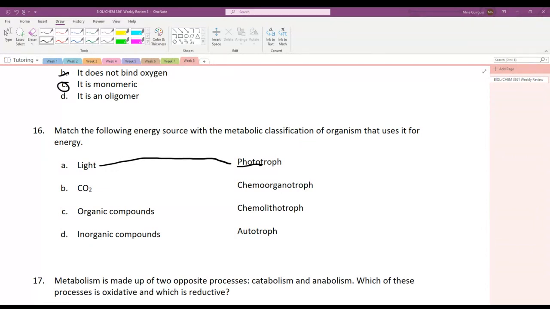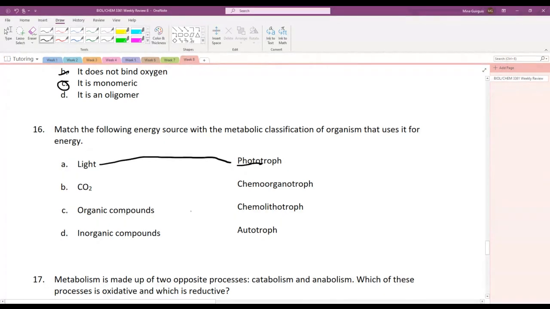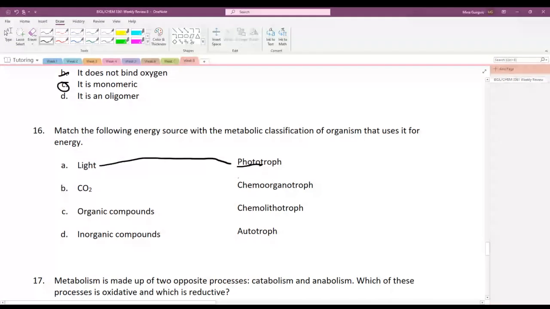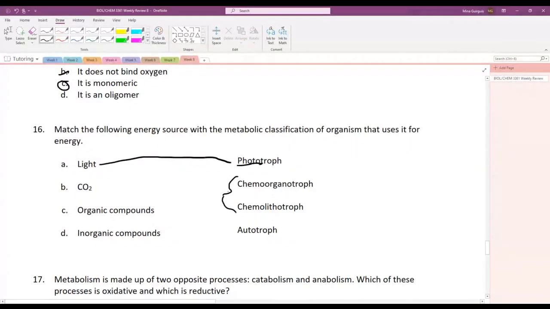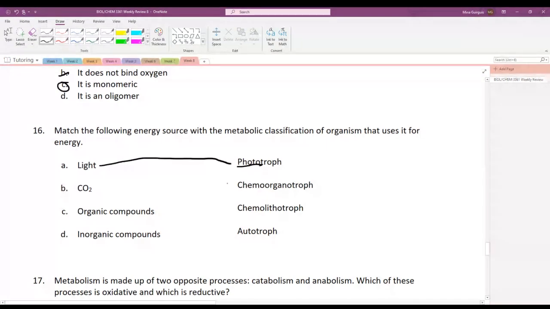So the first is chemotrophs. And inside of those, there's chemoorgano and chemolitho. Okay? I think you guys can probably guess, by the fact that there are 4 choices and 2 of them are very, very similar, that these 2 somehow correspond to these 2.